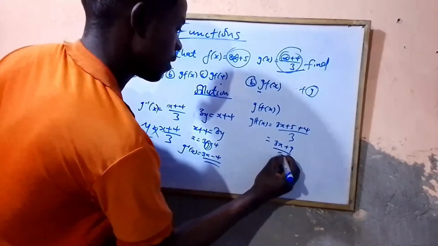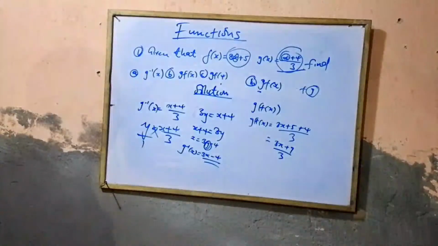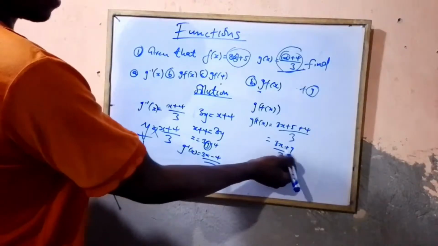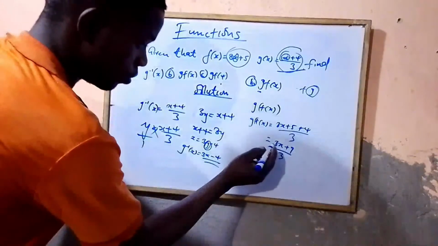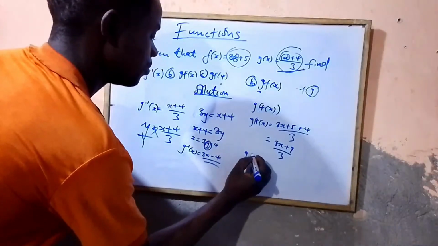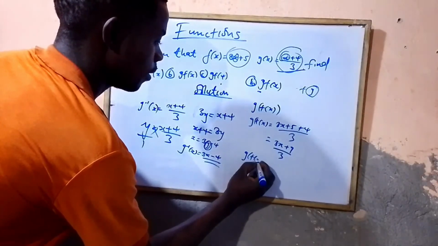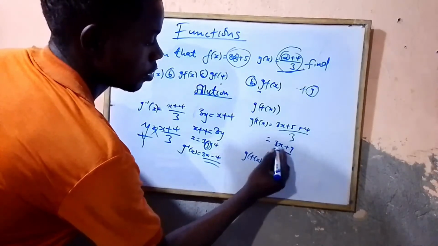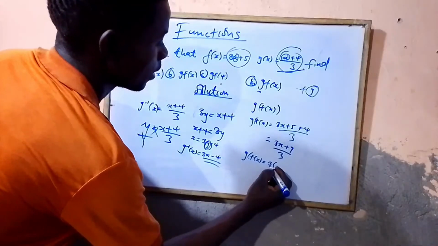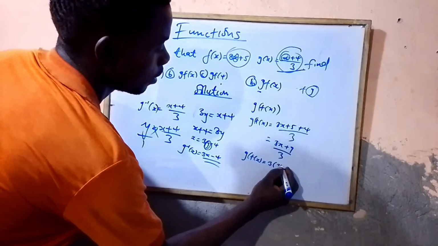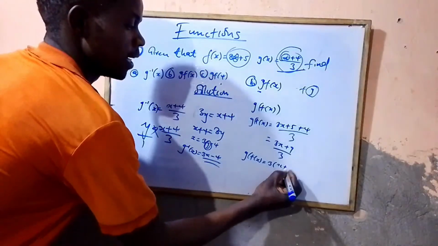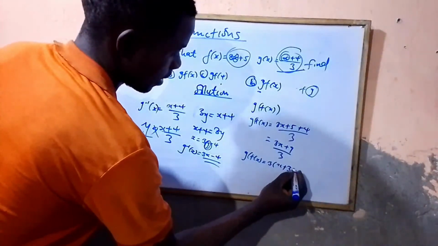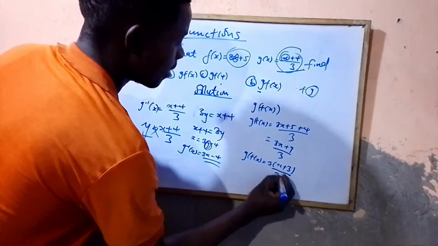In which it will be equal to (3x plus 9) over 3. Okay, I hope you're following what I'm doing here. If you can see here, we can try to factorize. There's a number which is common on top, which is 3. So we're going to say g of f of x is equal to 3 outside, then open bracket, 3 into 3x, you're going to remain with x, then plus 3 into 9, it is 3, then close bracket over 3.